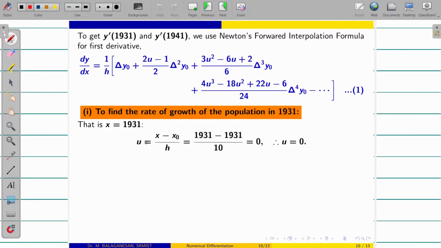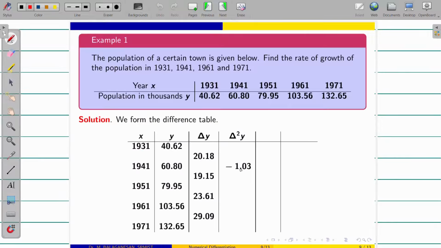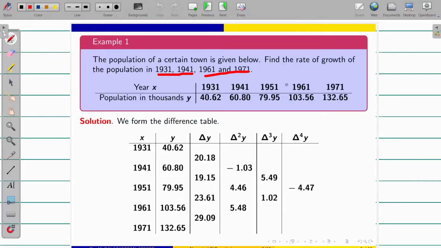The value of u is x minus x naught by h because it is forward. So we are getting 0. Wherever you have u, replace it by 0, and del y naught, del square y naught, del cube y naught, everything we can take from the table itself. Look at that. That's it from this.